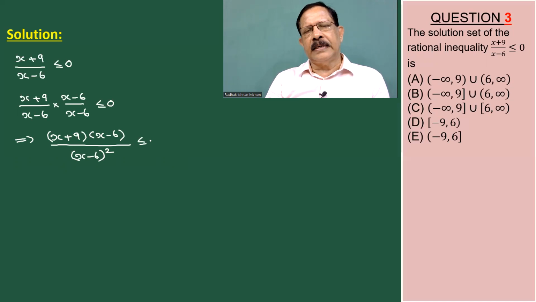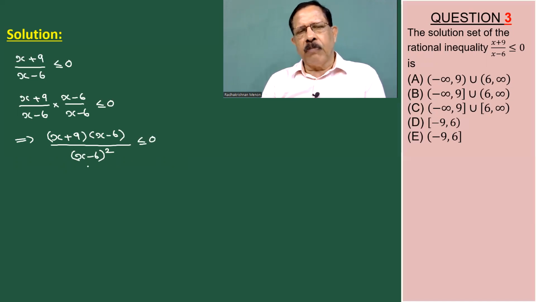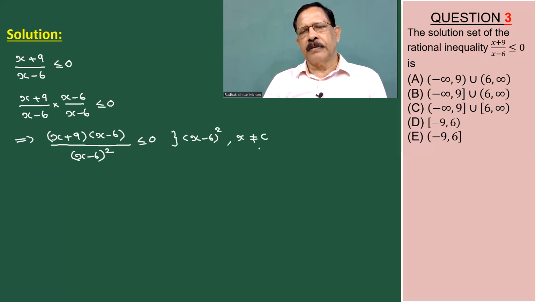Now the denominator is positive when x is not equal to 6. So you can multiply by x minus 6 the whole squared, with x not equal to 6, because in that case the denominator will become 0. When you multiply by a positive quantity, the inequality will not change.